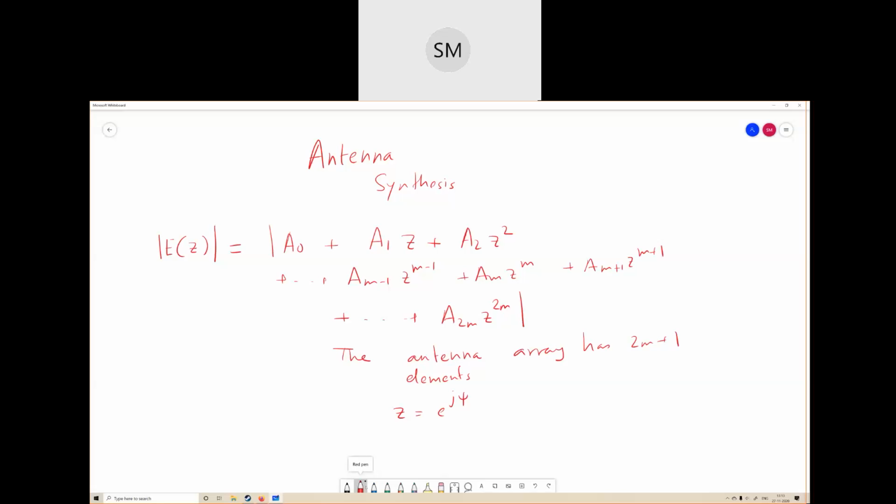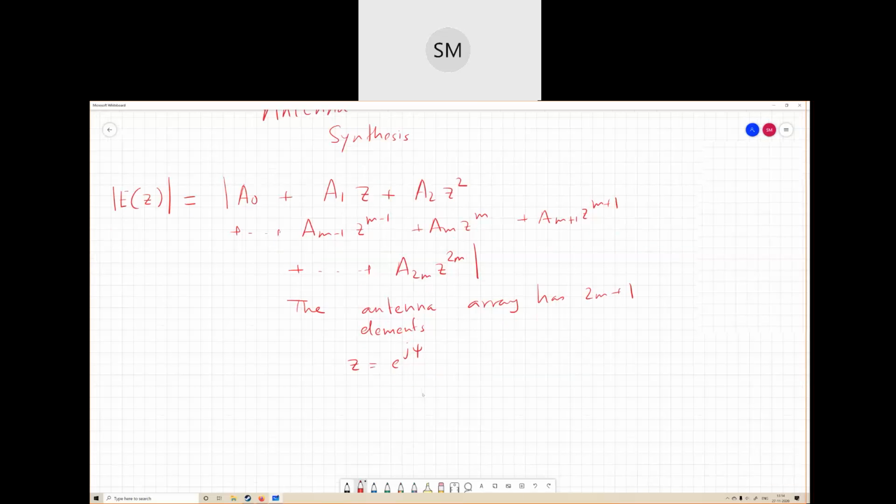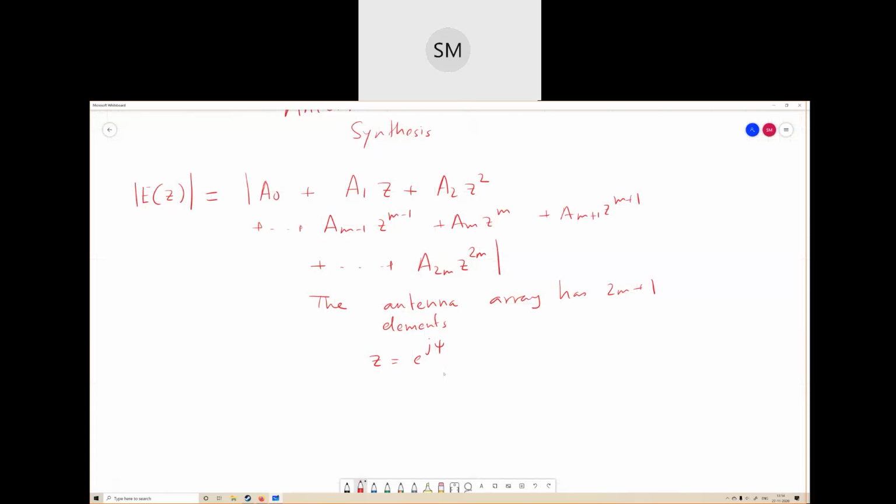All the antenna arrays we have discussed so far are in this form. Now, since z is equal to e to the power j psi, obviously mod of z equals 1.